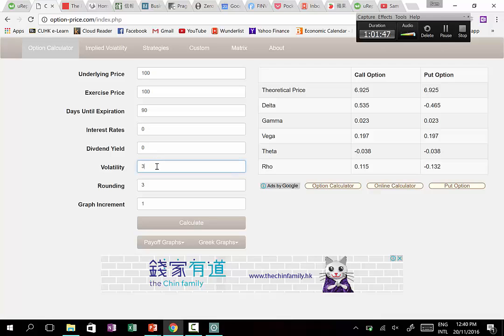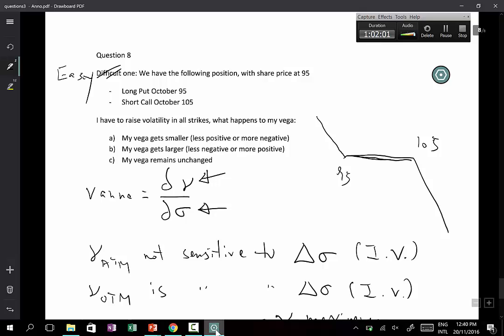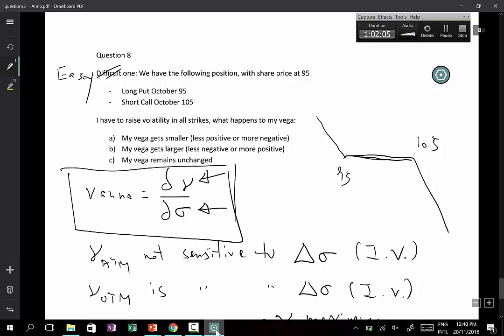So 35, or let's say even 40, okay? Vega doesn't change. And this interesting characteristic is actually captured by this Vanna parameter. Okay, so it's a second derivative.